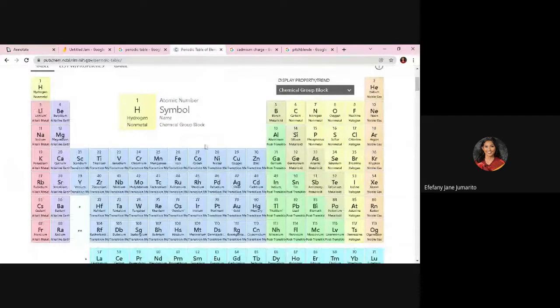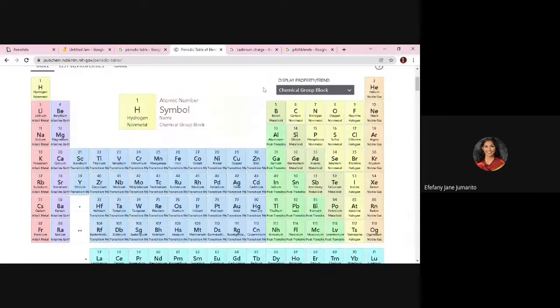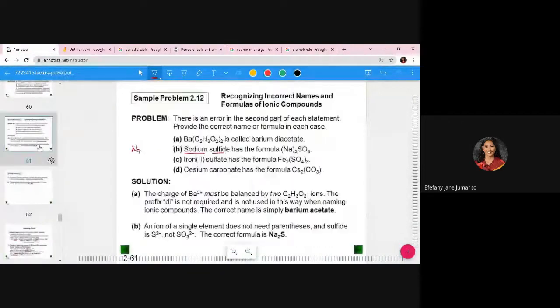Sulfide. It's S, and the charge is 2 minus. S2 minus. Okay. Sodium sulfide. Then this is its formula.